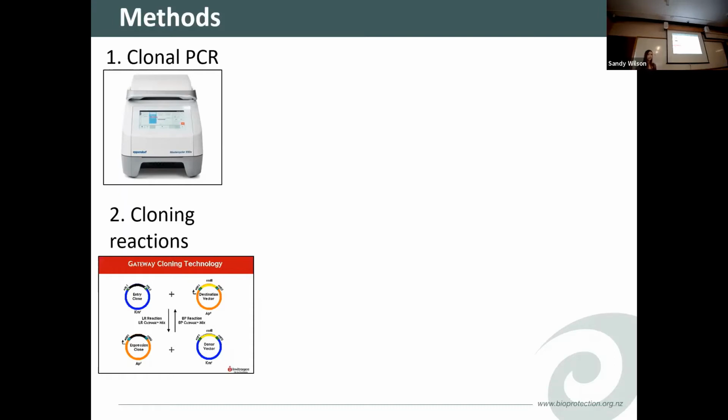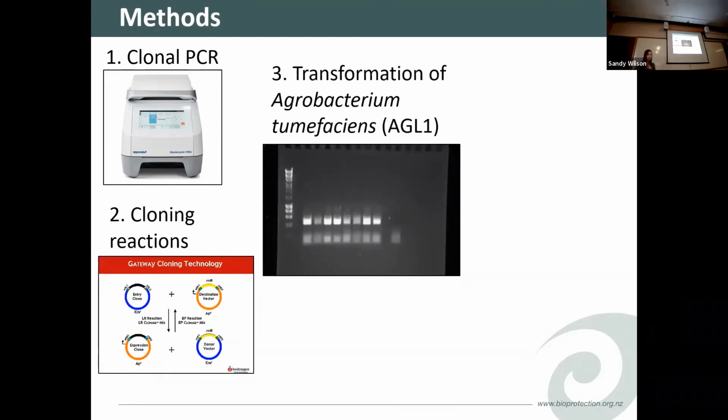Once I did that, I then did LR reactions, followed again by colony PCR to confirm that the reaction and the transformation was successful. Once I had positive colonies, I made mini preps and used those to transform strain AGL1 of Agrobacterium tumefaciens using electroporation.